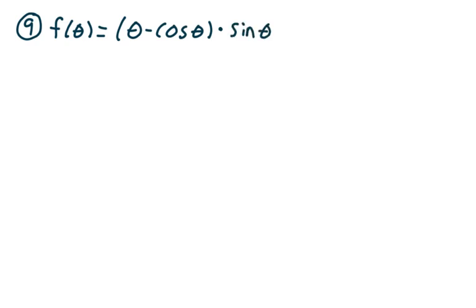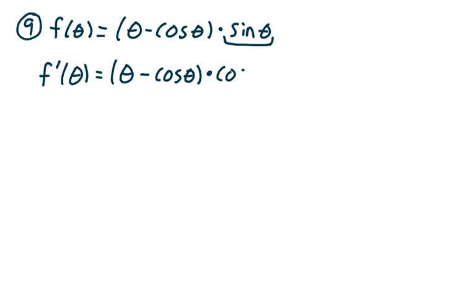And so this involves, again, the product rule. So if I take f prime of theta, I'm going to write down the first function, which is theta minus cosine theta. I'm going to multiply by the derivative of the second function, which is cosine theta.